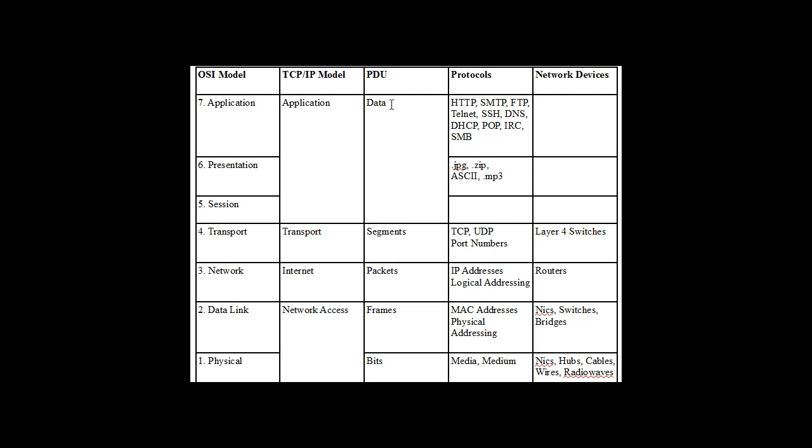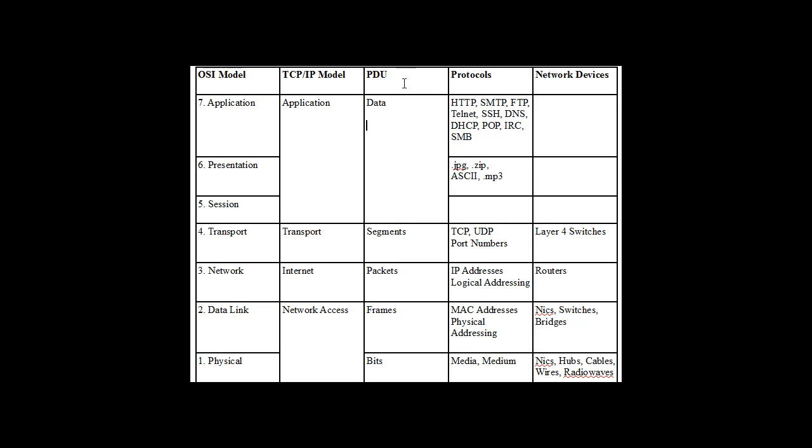Okay, and the format here is data. And you'll see in this column I've got, this is called PDU, or Protocol Data Unit. And as that data is broken apart and sent across the internet, the packet that's formed goes through certain stages in which information is added to that data and broken apart and then sent. So we're going to talk about that right now.